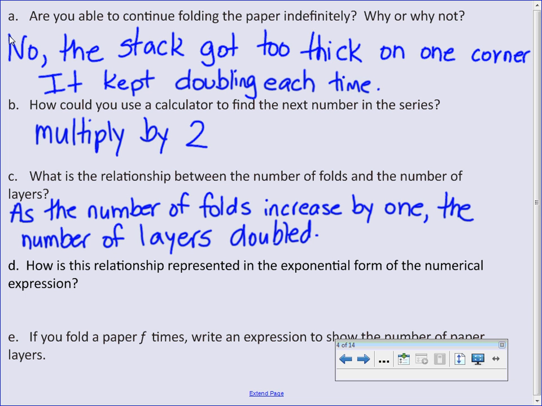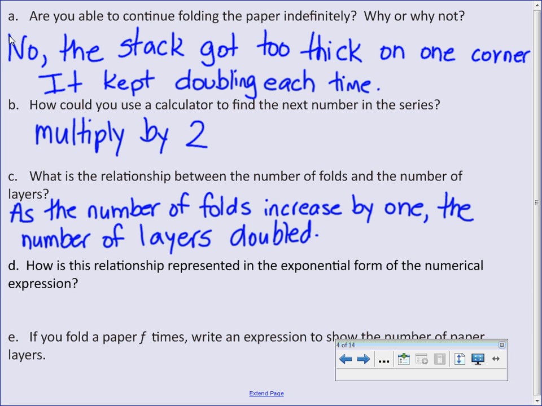How is this relationship represented in the exponential form? So in the exponent, what are the two, first of all, what are the two parts of exponential form? What are the two names of the two parts? Perfect, the base and the exponent. So what was our base and what was our exponent? Look at the table in your notes.